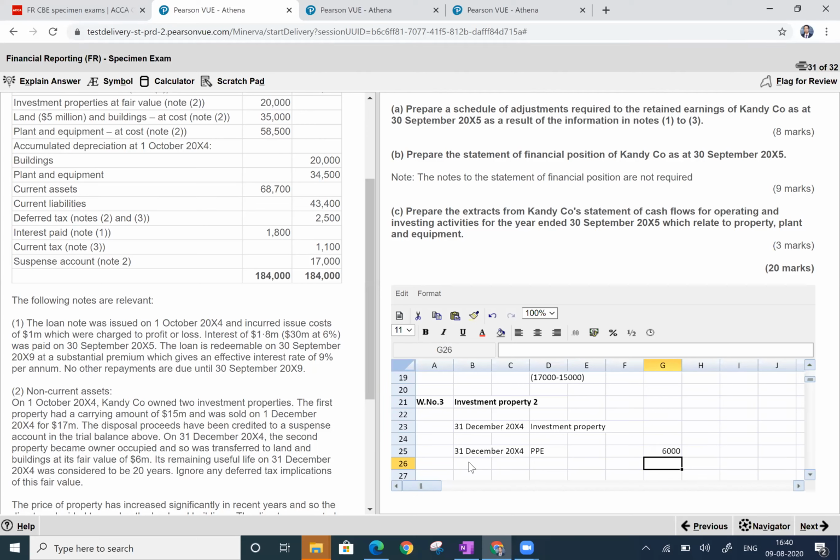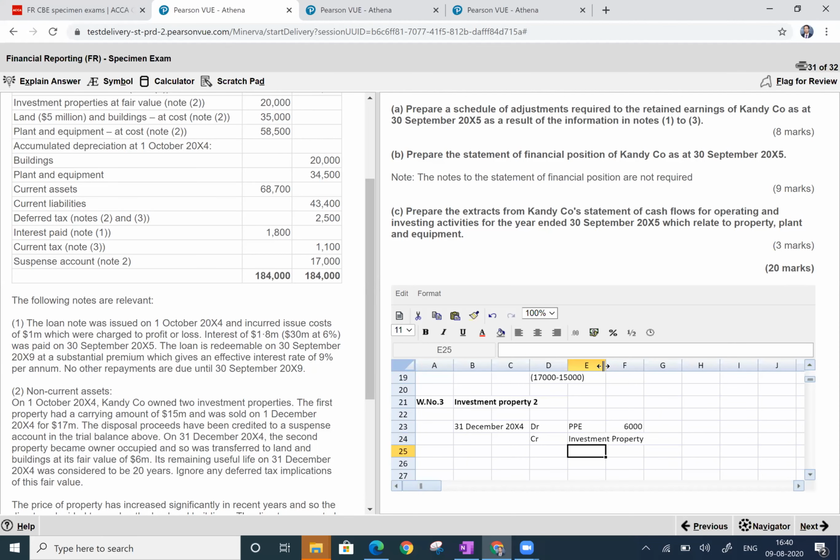I'm just going to write the journal entry here, so you'll be able to analyze and write it properly. So 31st December X4, debit property, plant and equipment, 6 million. Credit investment property.